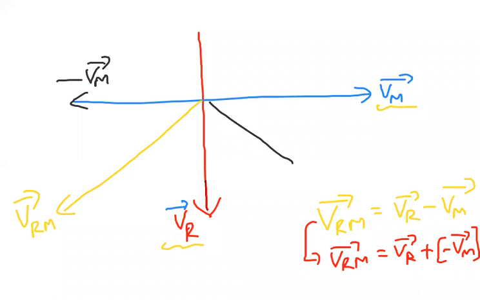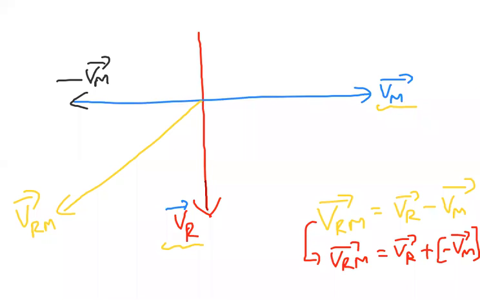No, it is wrong, because then we would get Vrm bar plus Vm bar. But we don't want that. We want Vr bar minus Vm bar. That means Vr bar plus minus Vm bar. That is the reason we got it in this coordinate.